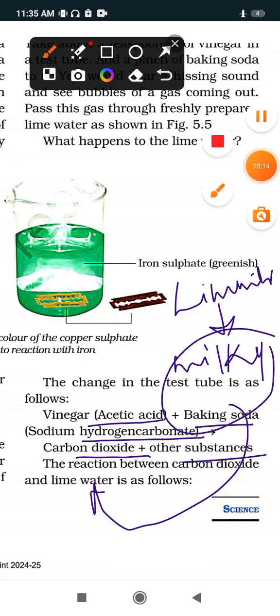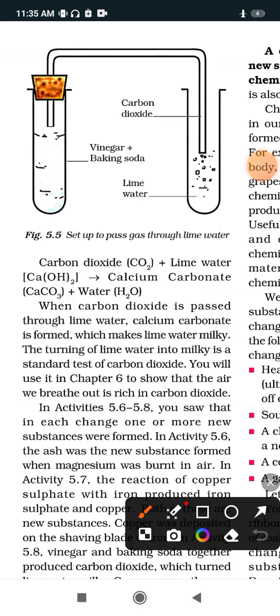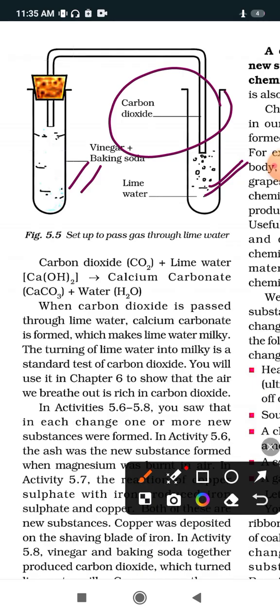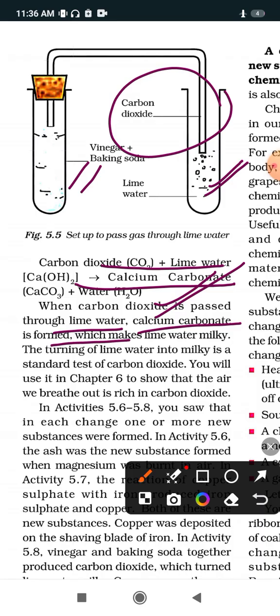Now see, this is the reaction when vinegar and baking soda are mixed and the gas is passed through lime water in a test tube, it turns lime water milky, which means carbon dioxide is present. When carbon dioxide is passed through lime water, it turns the lime water milky. Clear? So calcium carbonate is formed, which makes lime water milky.